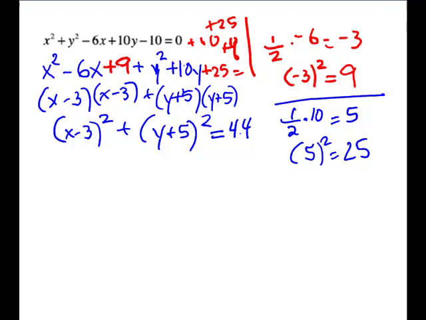I can pick off. So this is x minus h. So I have a 3 there. Right. This is y minus -5. So I have a -5. And my radius will be the square root of 44.